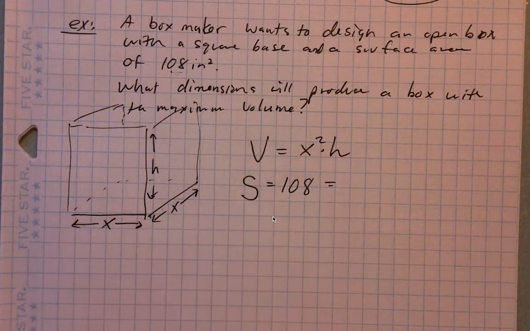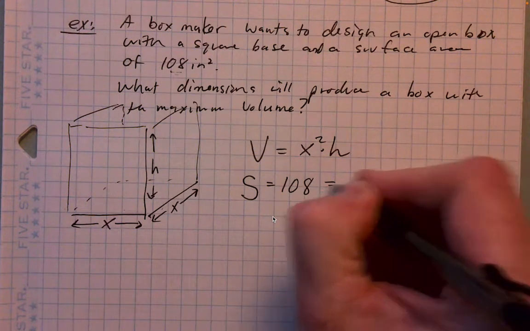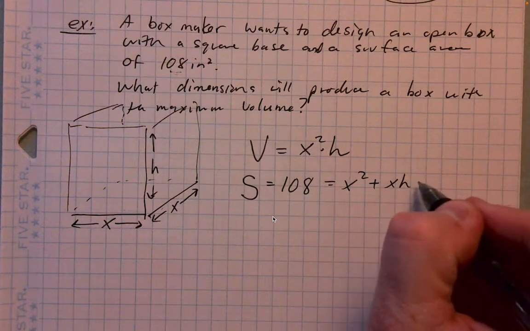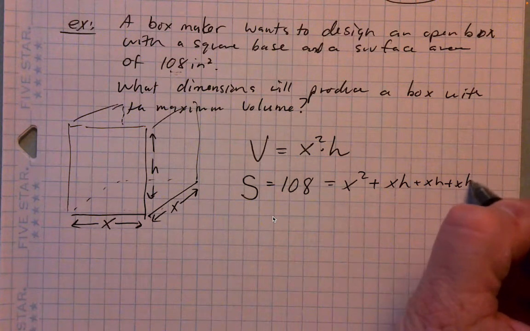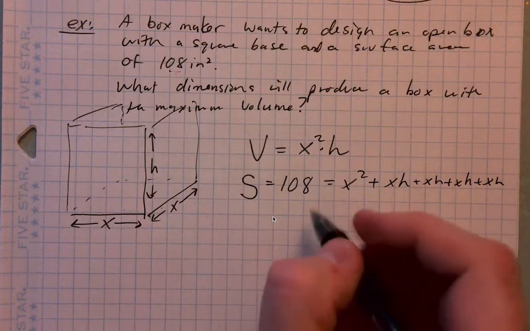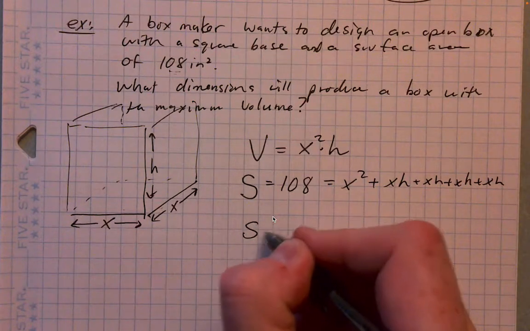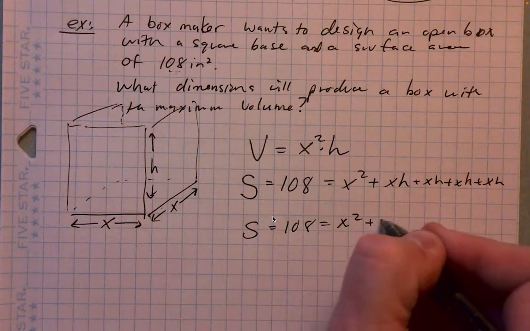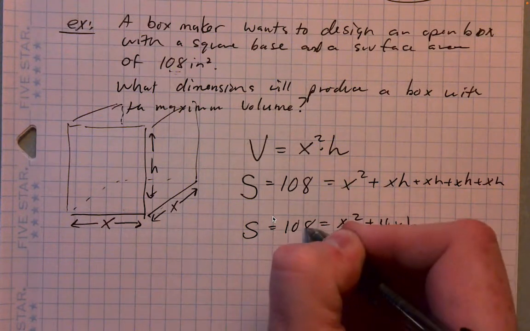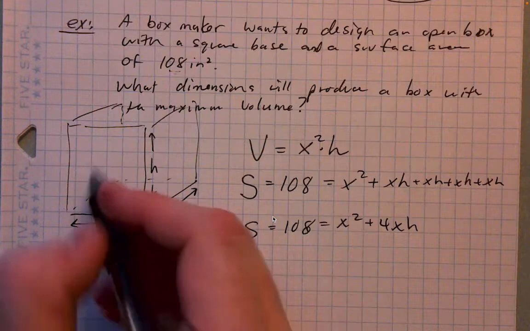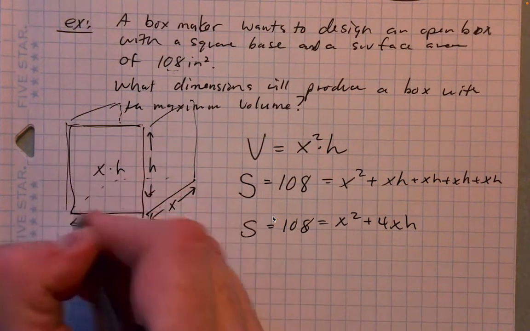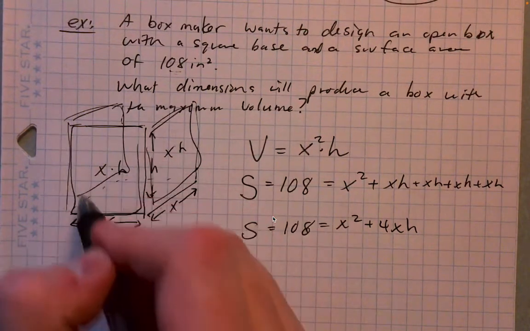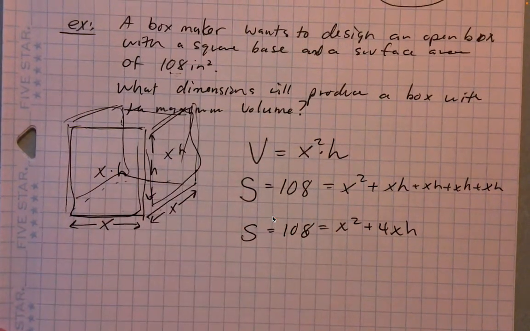Right, and so a nice concise way to write that would be x squared plus, well, you could write it like xh plus xh plus xh plus xh. Of course, a better way to write it would be to say that the surface area equals 108 equals x squared plus 4xh. Okay, because you've got x times h here, you've got x times h here, you've got one in the back, and you've got one in the back on that side as well.